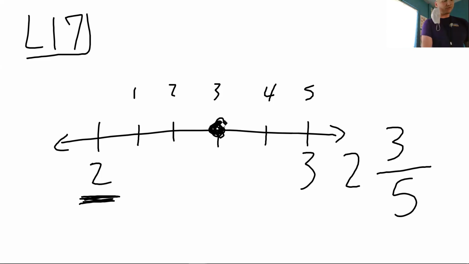I'll come over and make sure you see what I'm talking about. So that would be 1/8, 2/8, 3/8, 4/8, 5/8, 6/8, 7/8, and then at the 1 would be 8/8.